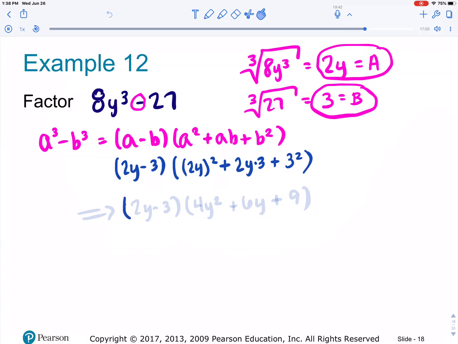Okay, so 2y minus 3. 2y times 2y is 4y squared. That's the area where I see the most mistakes students make: they forget to make that 4y squared. They'll put it as 2y squared. 2 times 3 is 6y, and then 3 squared is 9. So then that's my final answer for that one.